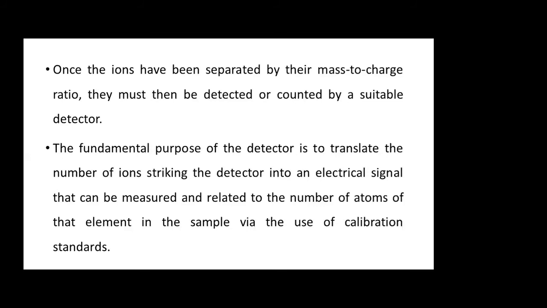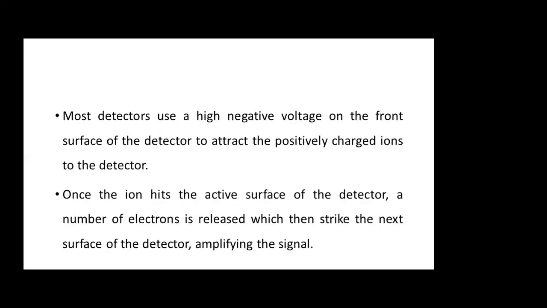The signal that is generated may not always be readable. It may have to be converted into another type of signal. Here, as the ion strikes the detector, it is converted into an electric signal that can be measured and related to the number of atoms of that element in the sample via the use of calibration standards.